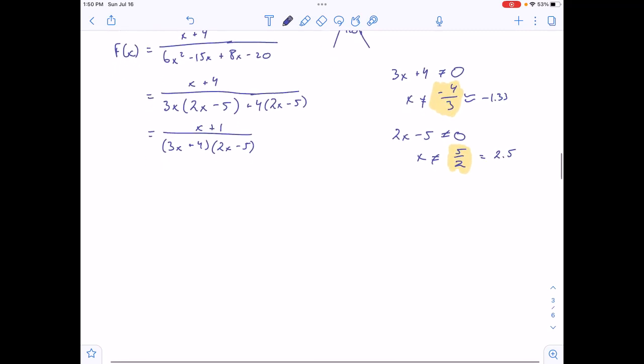Okay, so let's test our vertical asymptote, negative 4 over 3.